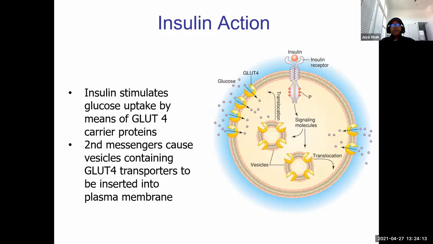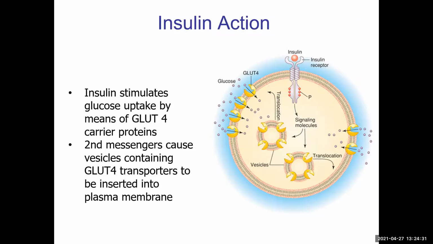Once insulin is released from your pancreas into blood, it circulates in your body, and then it binds with the specific receptor for insulin on skeletal muscle, fat cells, and what is the third one? Liver cells? Liver cells. Very good, liver cells.